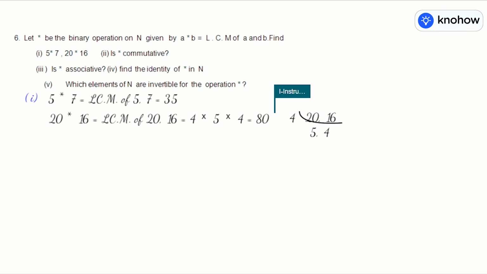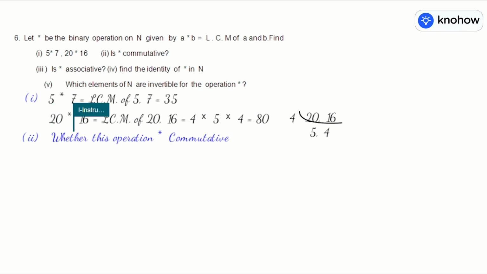Now the next part, the second part, he asks you, is it commutative? Whether you find the LCM of 5 and 7 or 7 and 5, does the order matter? No. In the first part there were 2 subparts. The second part is asking you whether this operation star, that is the LCM of A and B, is commutative or not.